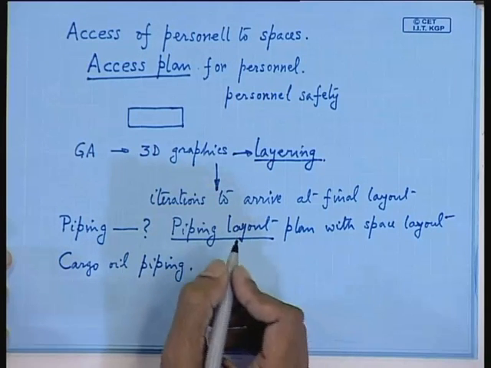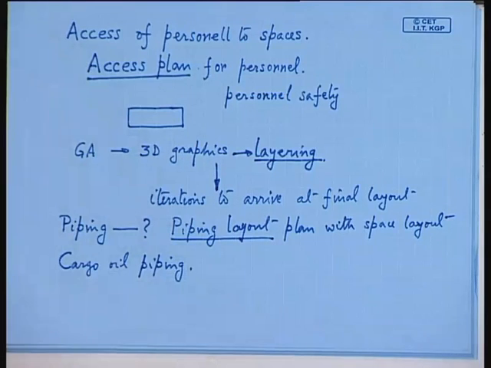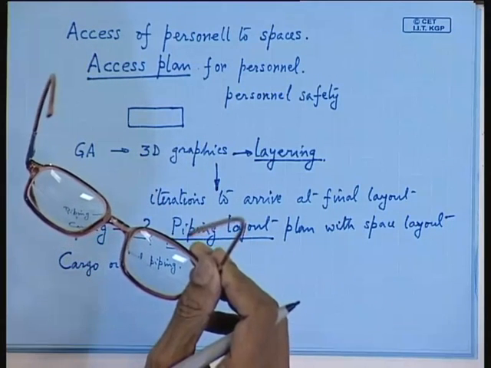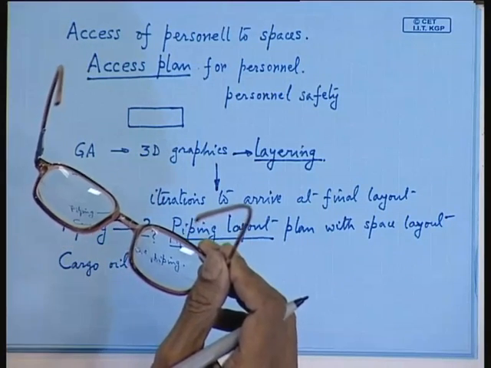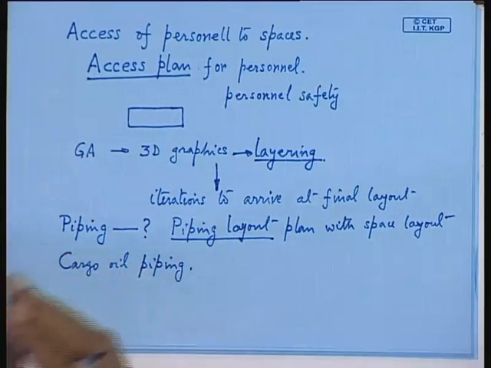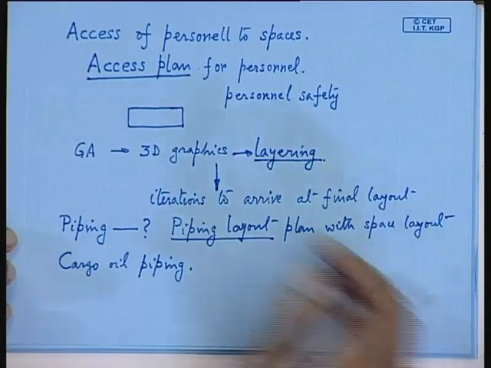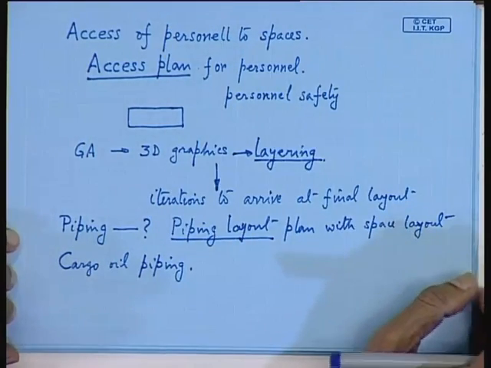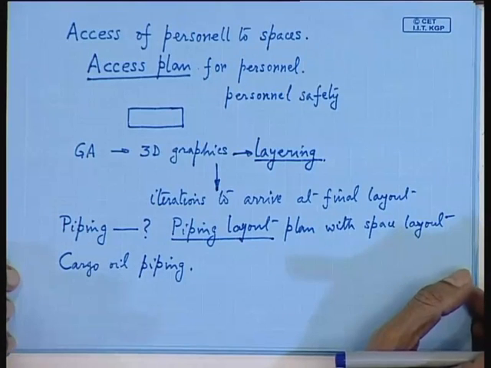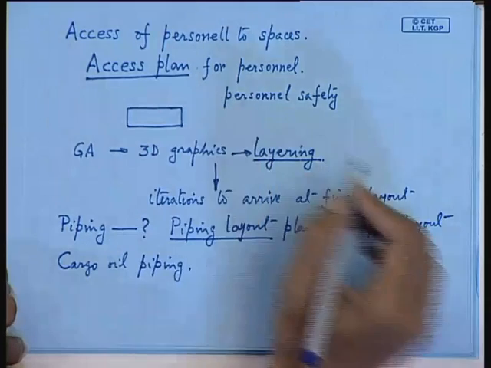As naval architects, I think some of you should have some idea of this piping arrangement. After the mooring, if I have time, or in your next offshore technology course, I will talk about this piping. The mooring is finished. Anyway, the access plan that I have talked about.